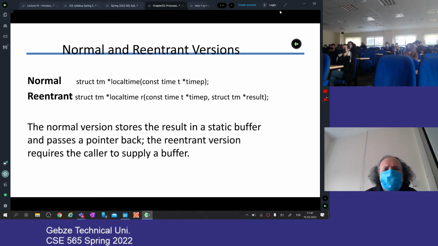One such function is localtime. What does localtime do? You call localtime, it returns you the time of the day, but it returns it in an allocated global variable. So you pass a pointer and it makes, I don't remember exactly, a dynamic allocation, and it returns the result to you.